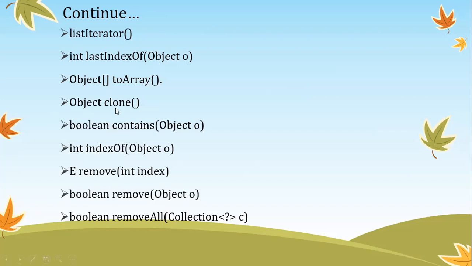And next method is Object clone. This method is used to return a shallow copy of an ArrayList. Next one, boolean contains. This method returns true if the list contains the specified element. And next method is int indexOf. This method is used to return the index in this list of the first occurrence of the specified element, or -1 if the list does not contain this element.